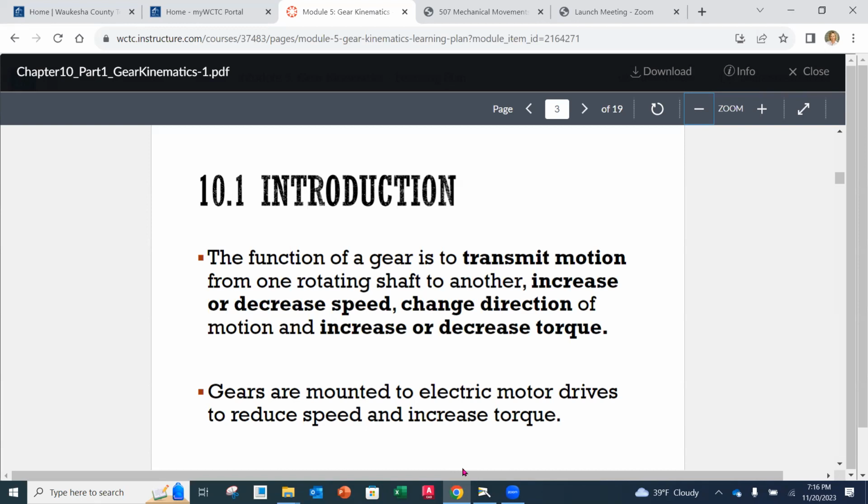That's just by the nature of it rotating so fast and not having a lot of torque associated with it. So in that case, we want to bring the speed down first and foremost to be usable. But then secondly, we're going to be able to increase the torque, which is going to allow us to move things along that are of more of a heavy nature, like a case or two of water, which wouldn't be uncommon.